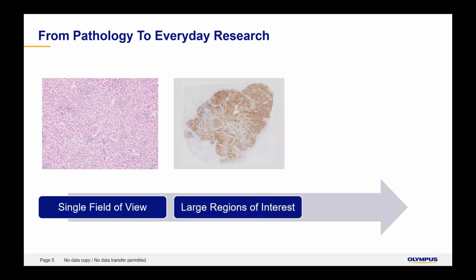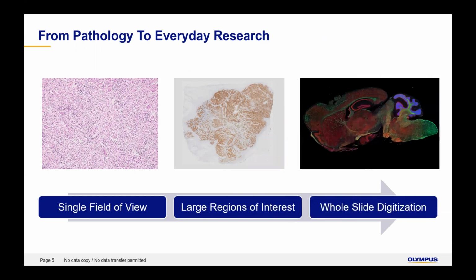Early slide scanners stitched together larger regions of interest, enabling higher resolution views of whole tissue. And modern slide scanners are capable of high throughput whole slide digitization. So not only can we image entire slides, but we can do it using a variety of different observation methods, and we can do it really quickly.